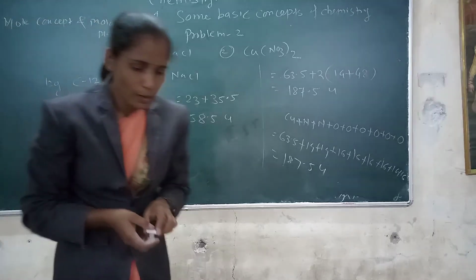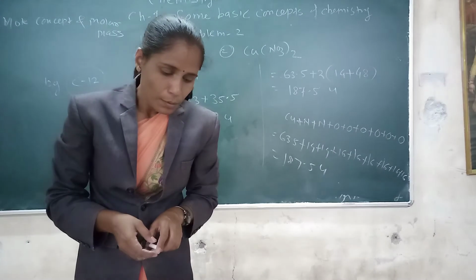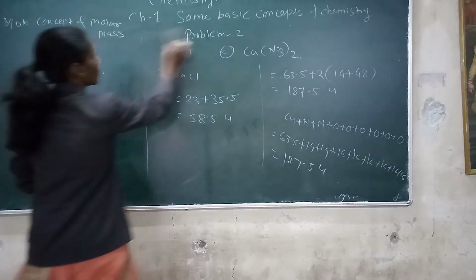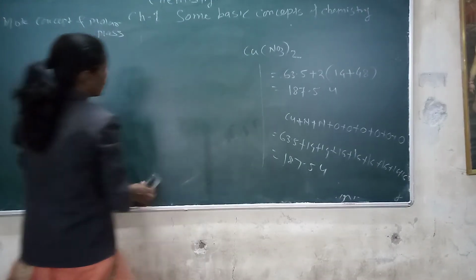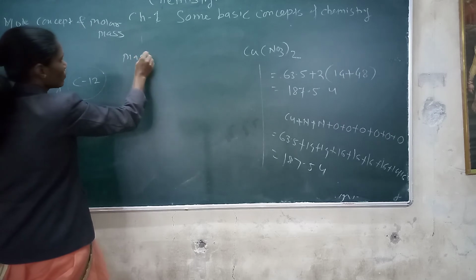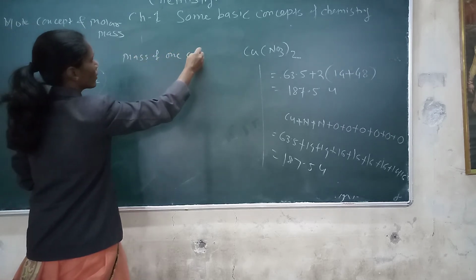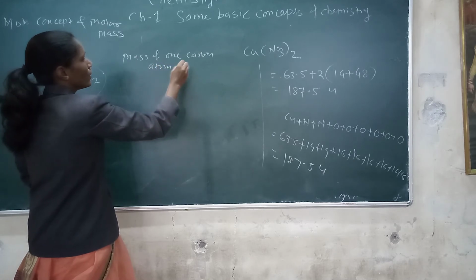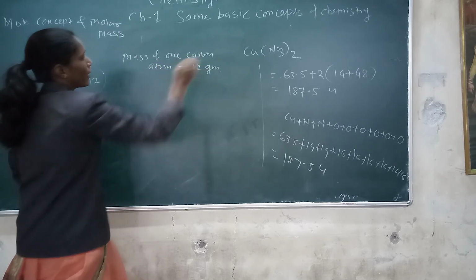For example, here mass of 1 carbon atom is 12 gram.